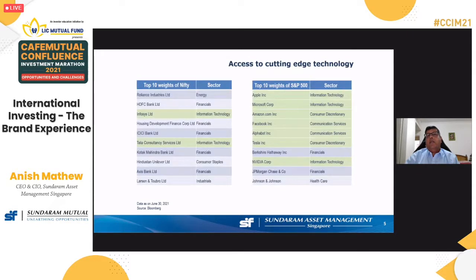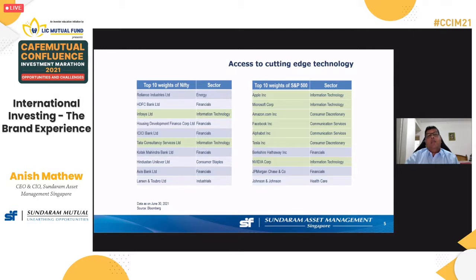The other key reason why one should consider investing in international markets is to gain access to cutting-edge technology stocks. If you look at the table on your left-hand side, these are the top 10 weights in the Nifty index. As you can see, out of the 10, 6 are in the financial sector, and only 2 are in the information technology sector.